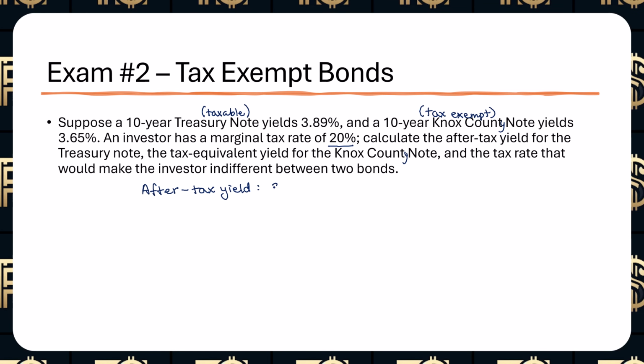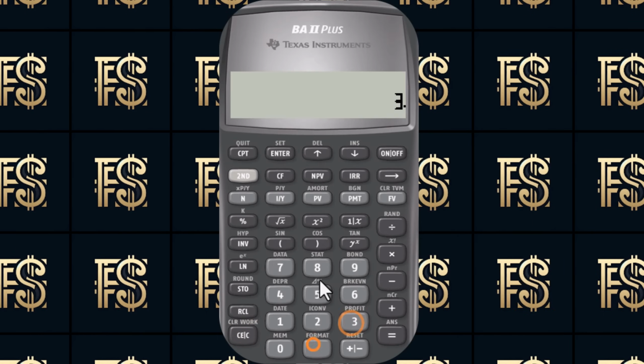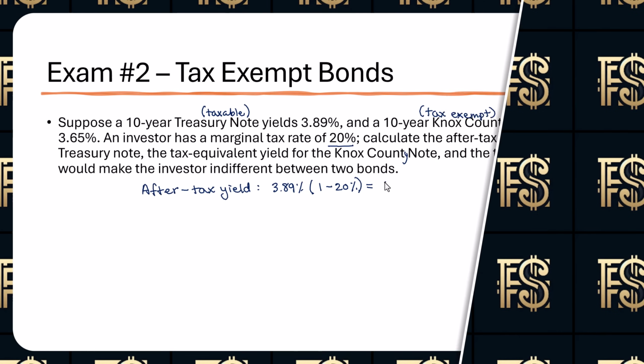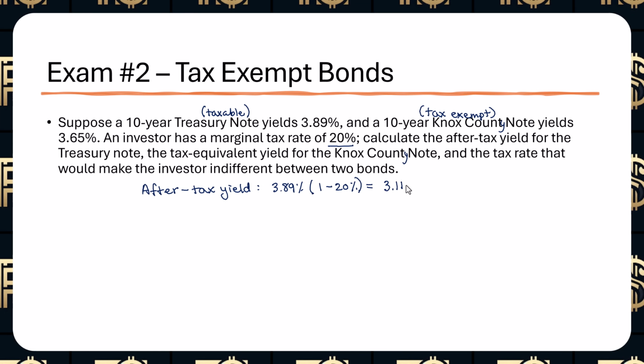To do this, we'll take the 3.89% and multiply it by 1 minus the tax rate. So we take the 3.89% and multiply it by 1 minus 0.2, and we find that the after-tax yield on the Treasury note is 3.112%.